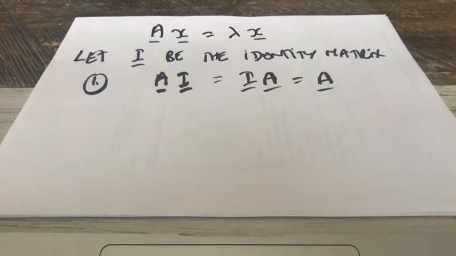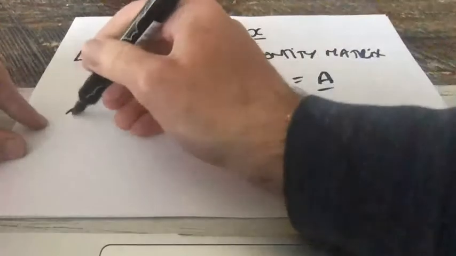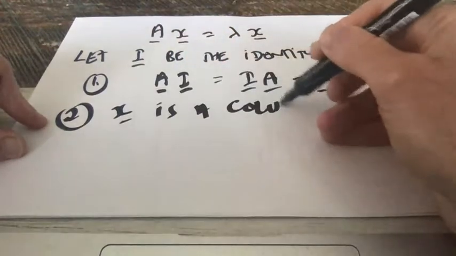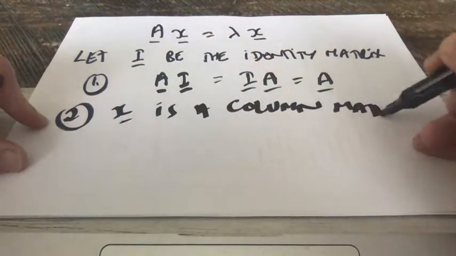It's also got a very important property when you're talking about column vectors. Here X is a column matrix.